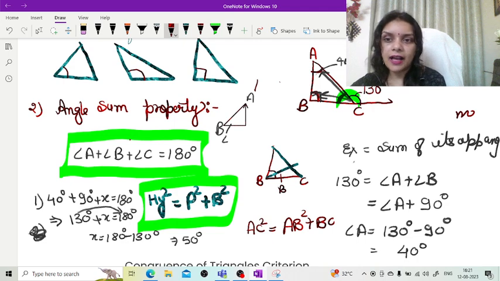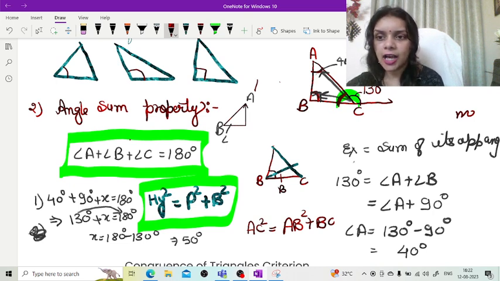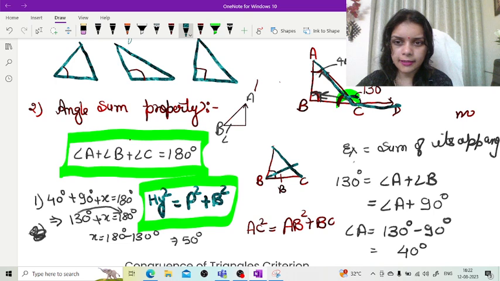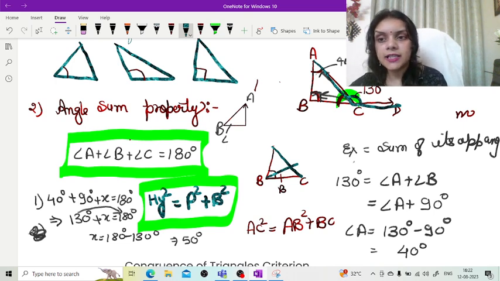So if this is angle C, then angle C plus angle A, suppose this is D, ACD will be equal to 180 degree. Angle ACD, this angle, it is 180. Why? Because this is linear pair, right?